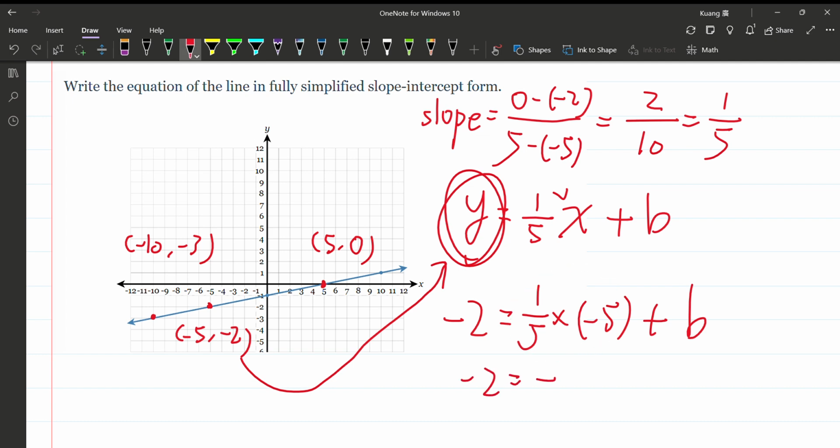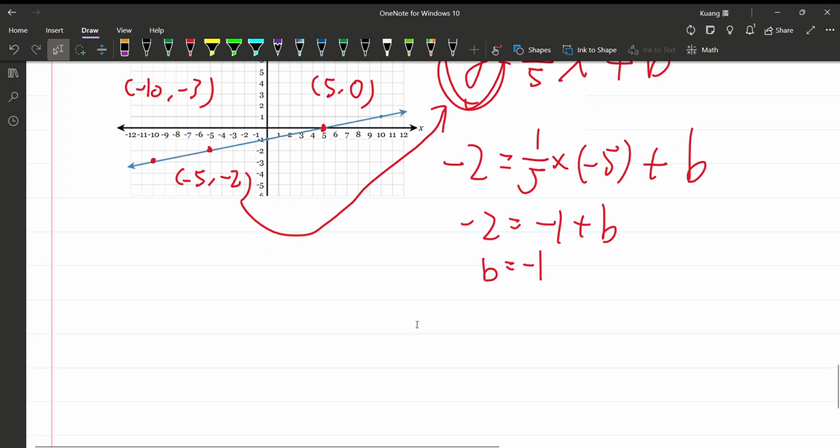So -2 equals 1/5 times -5, which is -1, plus b. And then you add 1 to both sides of the equation. So b equals -1. You still get this answer. So you can use any point on the graph to find the value of b. This is how to write an equation from a line.